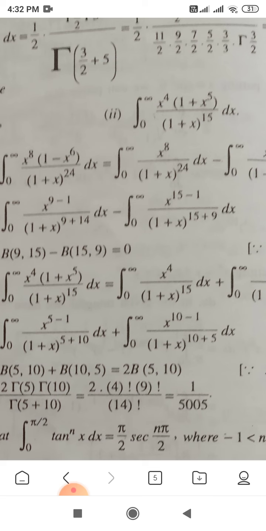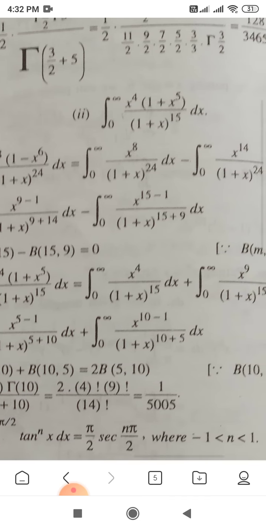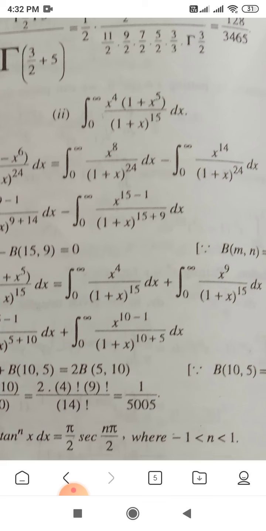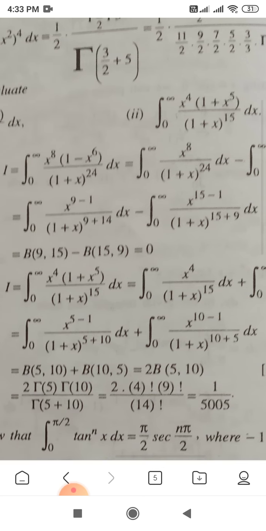It means the function is like x^(m-1) upon (1 + x)^(m+n). So m will be the common. In the same manner, the next expression x^14 can be expressed as x^(15-1), and again during the splitting of 24, keep in mind the 15 will be common, so 15 plus 9.